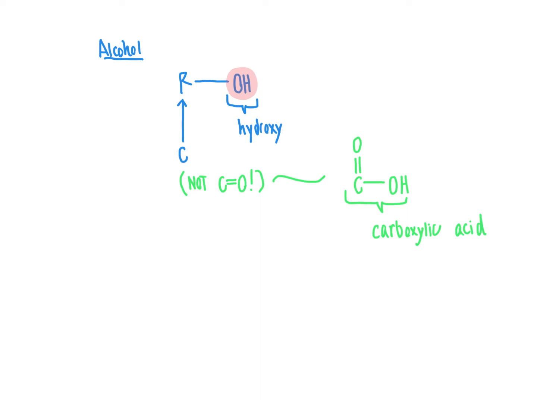Alcohols are really biologically prevalent molecules. Some examples that many of us have around our homes include isopropyl alcohol, or IPA for short. Isopropyl alcohol is the common name for this molecule.